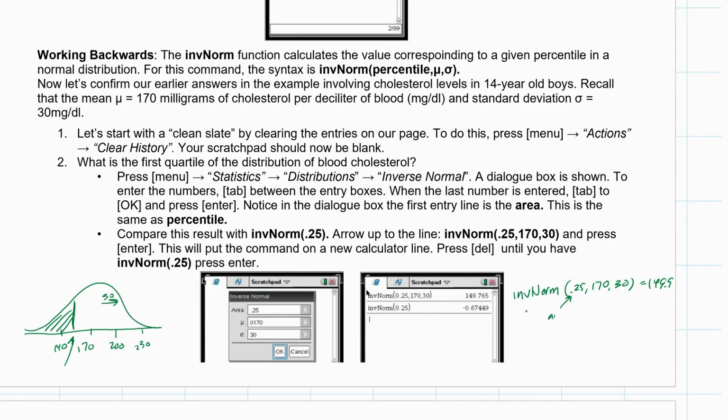Remember, we'll say that that's the area, that is the mean, and that is the standard deviation. All right, so there's 3 quick things that we can do on the calculator, a lot easier than using the table.